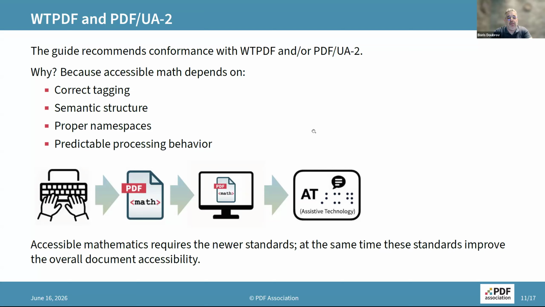Well, the main reasons why we need the newer standards are because these newer standards improve the definitions of semantics, define better and more predictable processing behavior for the software. They introduce a notion of namespace, and MathML becomes its own namespace.